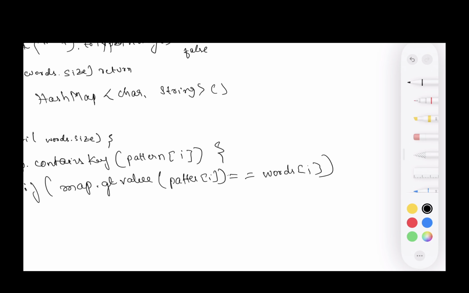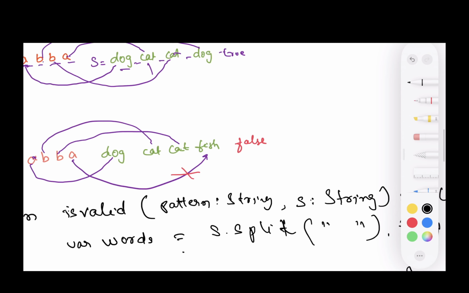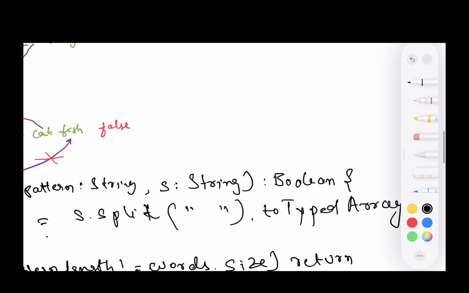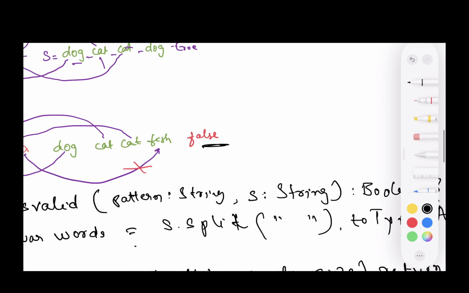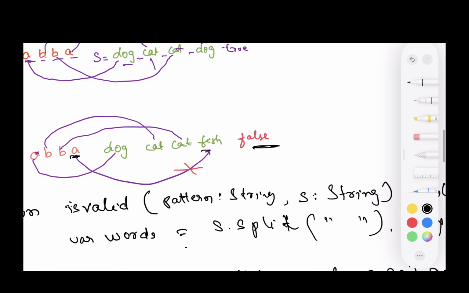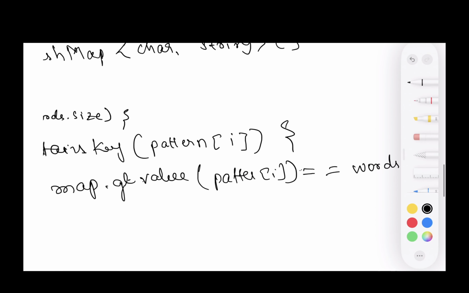And in case instead of equals I can say if it is not equal, what I should do is, as I explained here, this is the pattern of i and this is the words of i, if they are not equal, what I should do, directly return false, as I mentioned here, right? As you can see, this is a pattern of i and this is a words of i, and if they are not equal, I'm going to return false. So let's jump into the code.